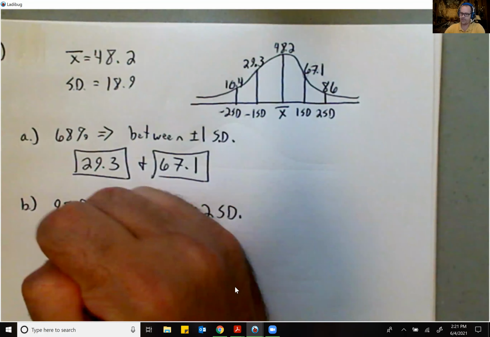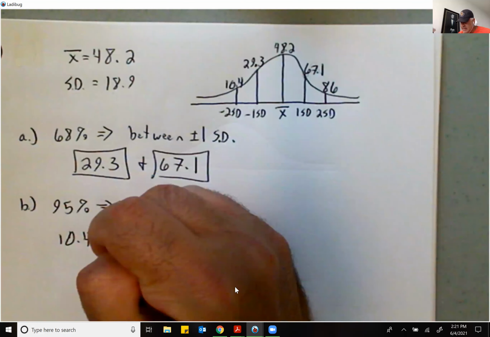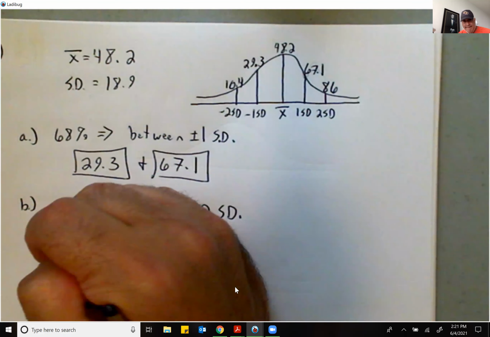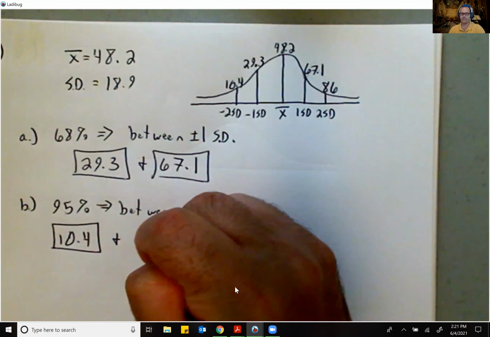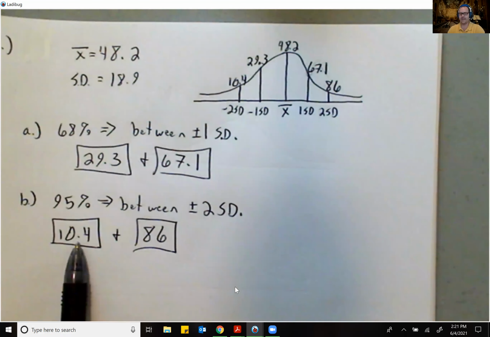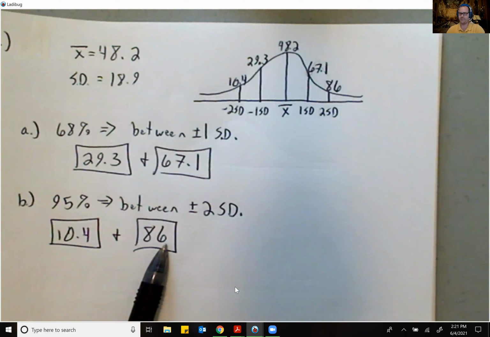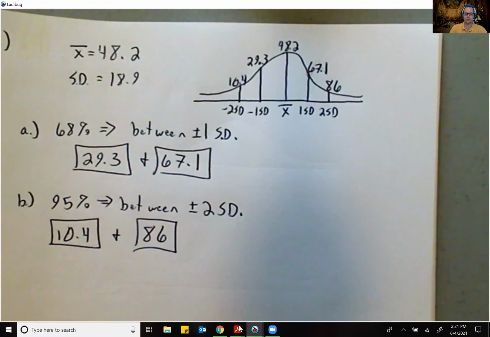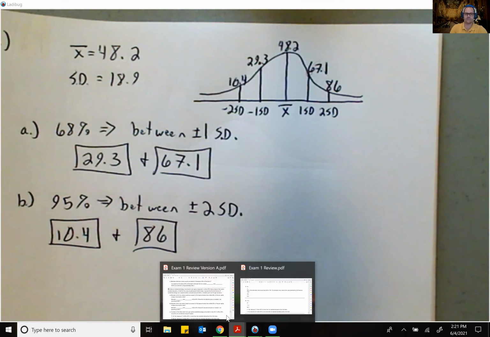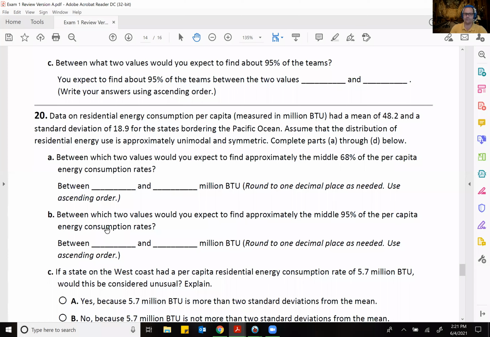And then I didn't quite hear the other one. I heard 6 something. 86. There we go. 10.4 is our lowest. 86 is our highest for 95% of our data. So again, in this first blank, 10.4, 86 in the second blank. And I would probably put 86.0. Yeah.